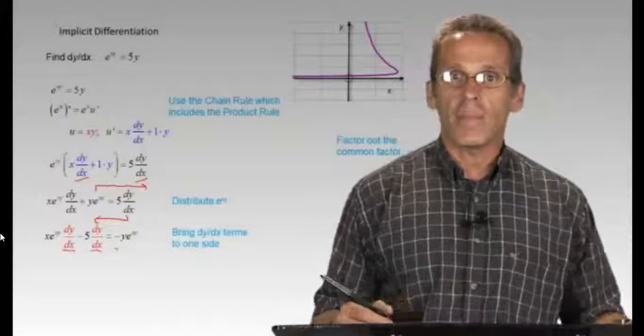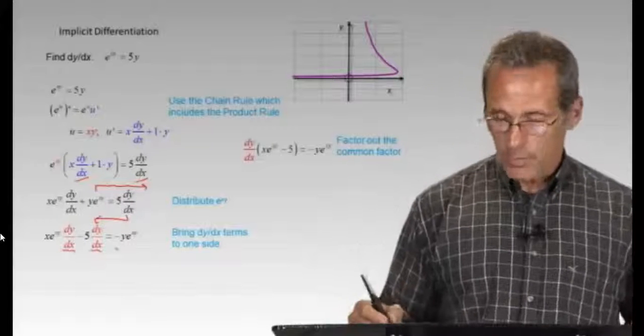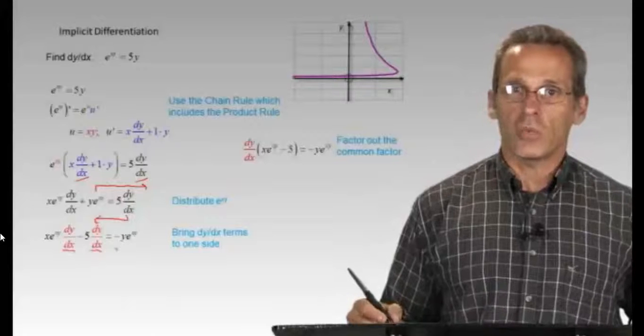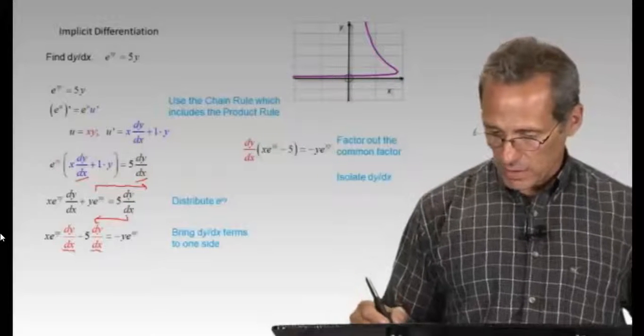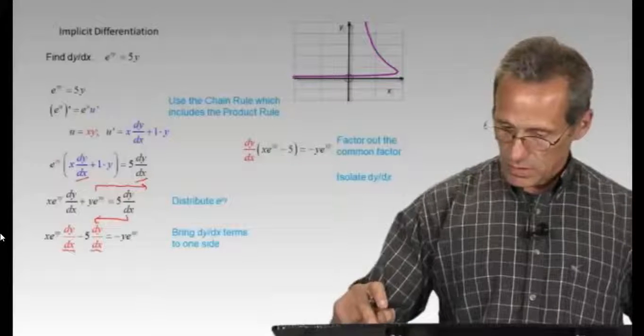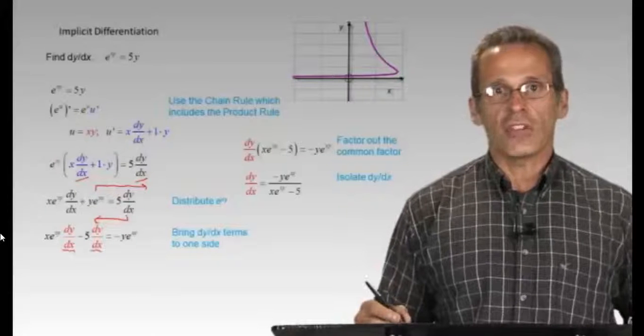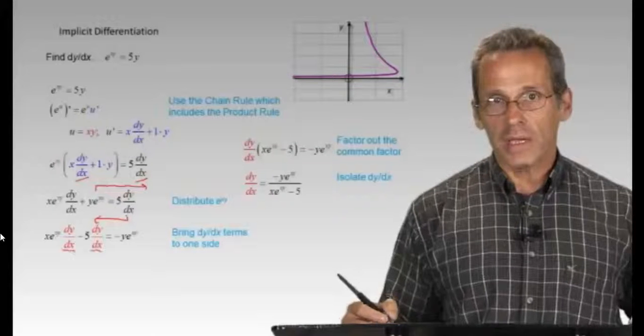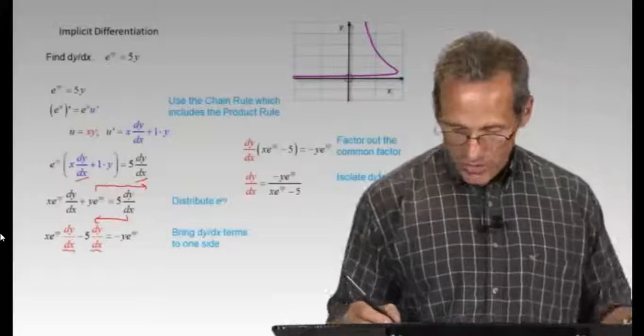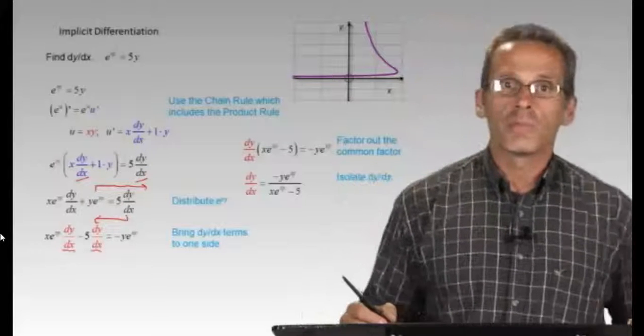So let us factor out the common factor. And to finish the process, we will divide both sides by the same term, isolating dy/dx. So the equation to find the slope for any point along this curve is negative y e to the xy divided by x e to the xy minus 5.